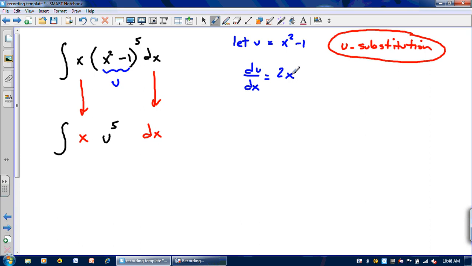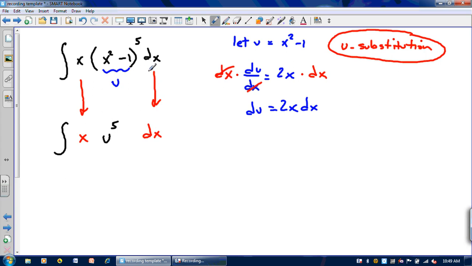You can see, here I have an x and here I have a dx. Well, let's multiply both sides of this equation by the dx. The dx is canceled there, and on the left side I'm left with du, and that equals 2x dx.